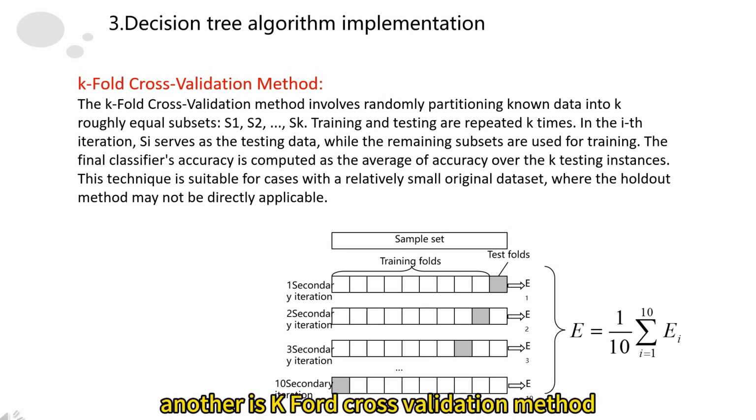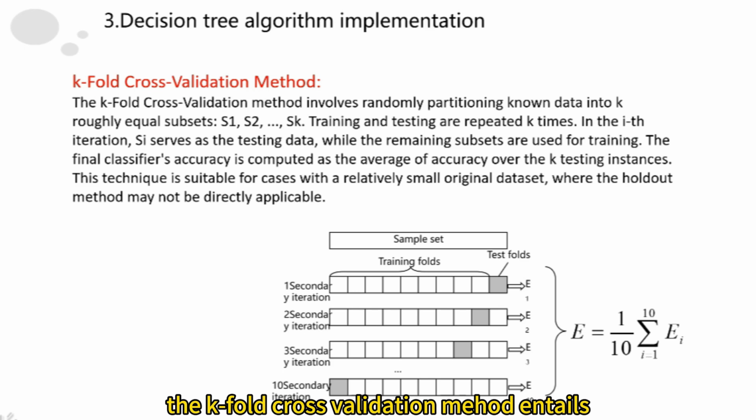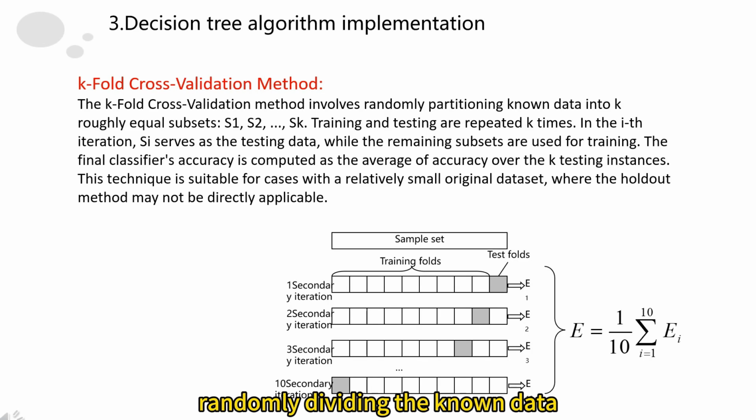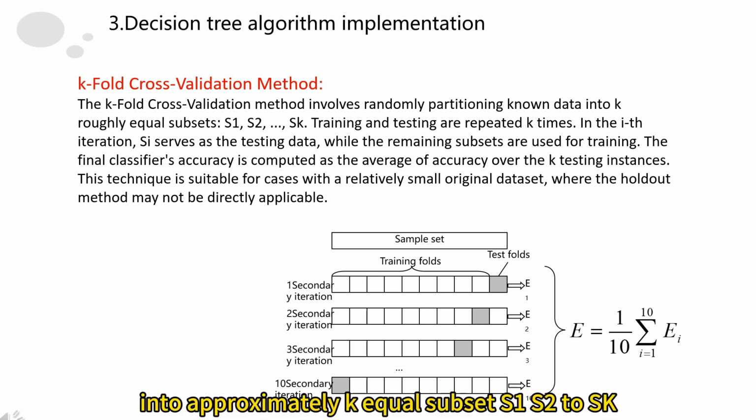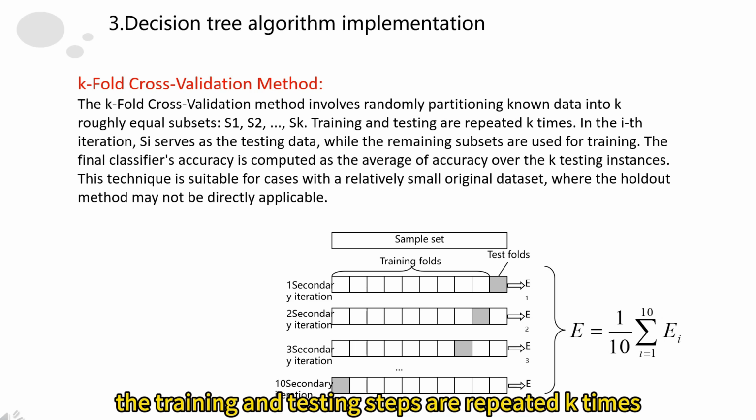Another is the k-fold cross-validation method. The k-fold cross-validation method entails randomly dividing the known data into approximately k equal subsets S1, S2 to Sk. The training and testing steps are repeated k times.